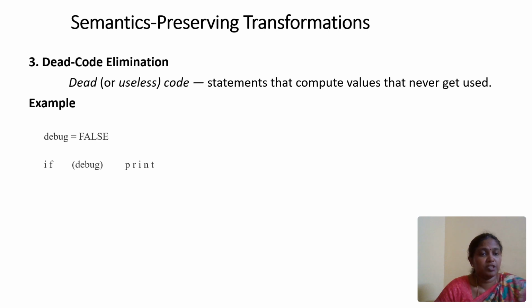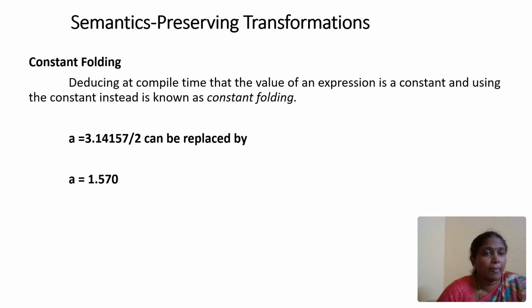If the condition is false, the print statement will be executed; otherwise, the print statement will not be executed. There is no point where debug equal to true. Therefore, the if statement will never be true, and the print statement will never be executed. So the if statement is dead code, and we need to eliminate it.